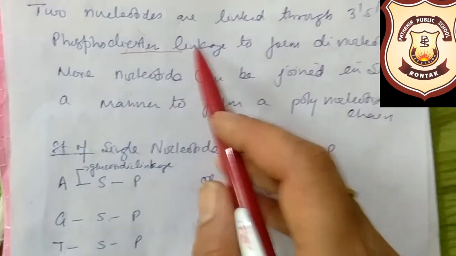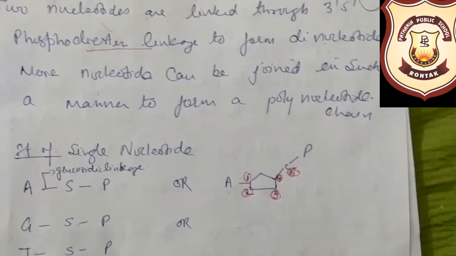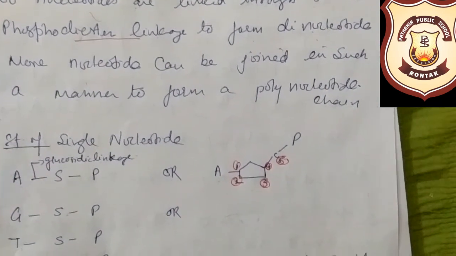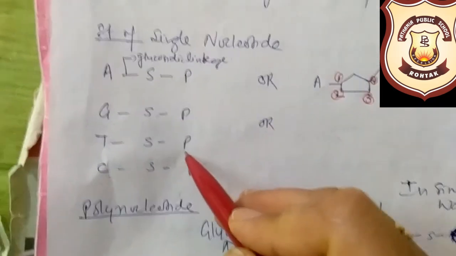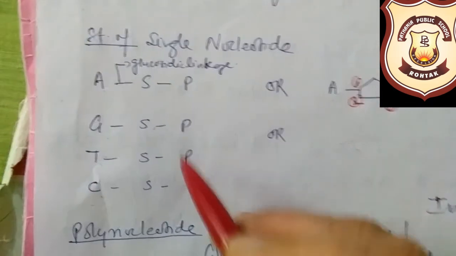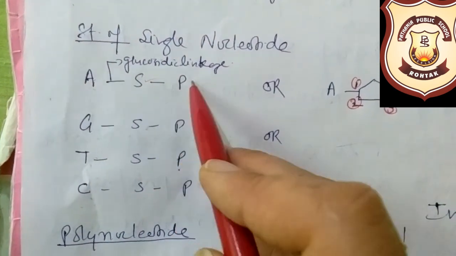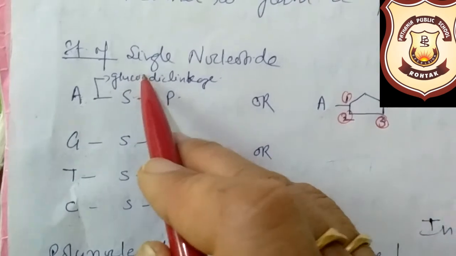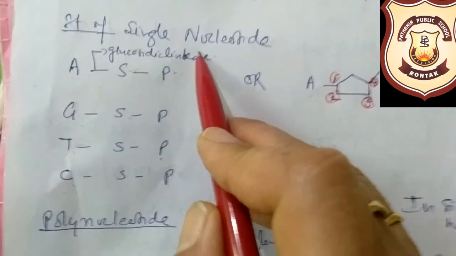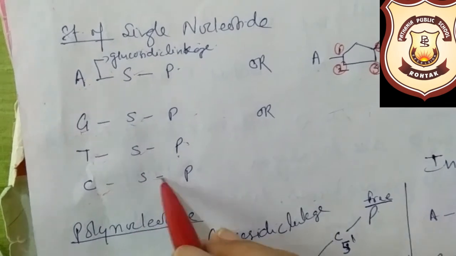In the nucleotide, there is one nitrogenous base, one sugar, one phosphate, and the bond between the nitrogenous base and sugar is a glycosidic bond. Okay, guanine sugar phosphate, thymine sugar phosphate, cytosine sugar phosphate. In this way, four types of nucleotides are formed. I have drawn the diagram of one nucleotide. If adenine is the nitrogenous base, then it will bind with the first carbon of the sugar.